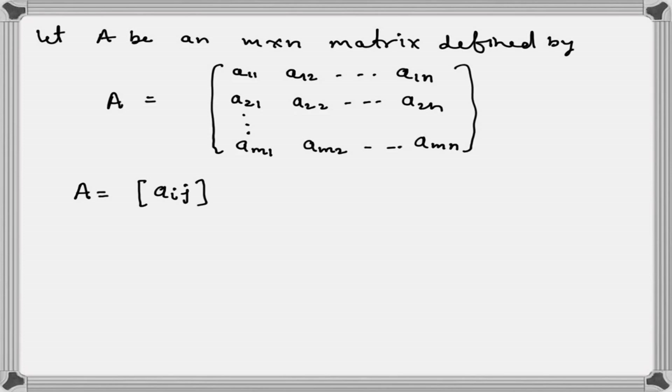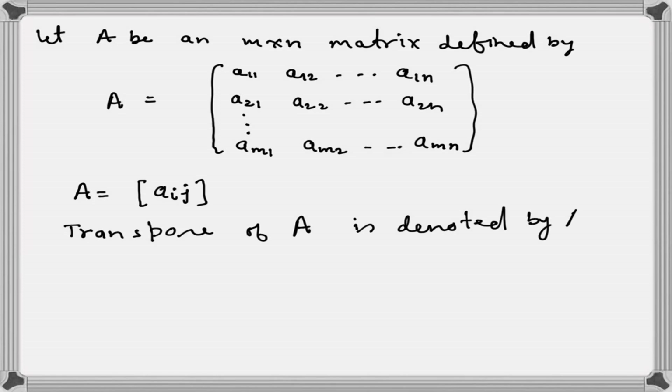Then let's define the transpose. The transpose of a matrix A is denoted by A transpose, A^T, and it is defined by interchanging the rows and the columns.